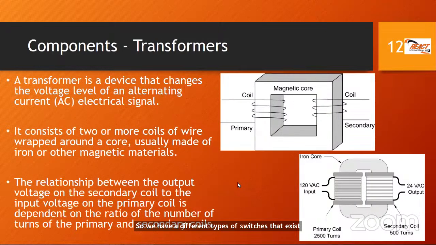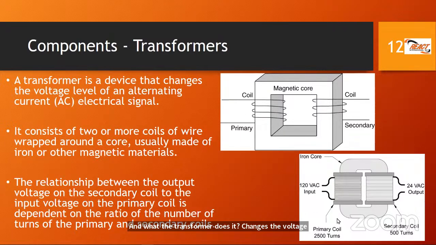Right, so before we come back to switches, let's go to another component called a transformer. We have on your screen some pictures and diagrams that show how a transformer might be constructed. A transformer is a component that changes the voltage level from the input side to the output side.